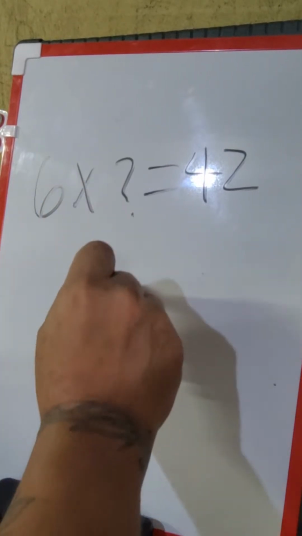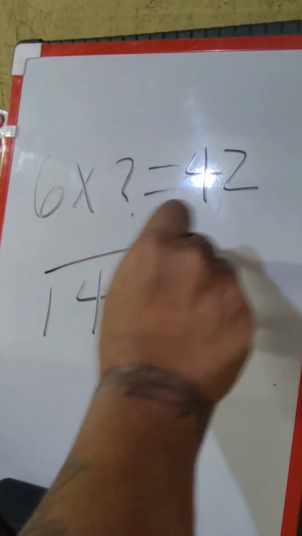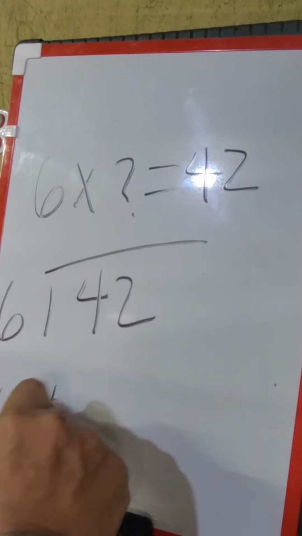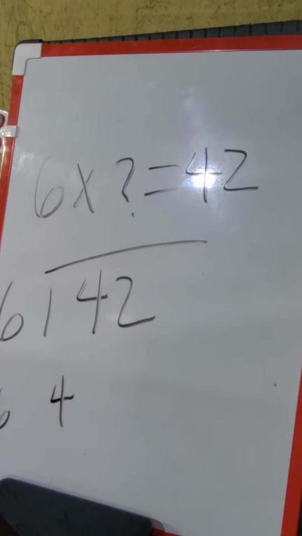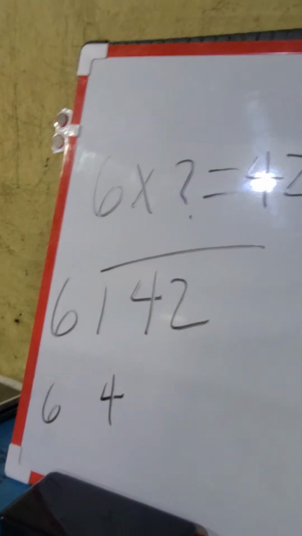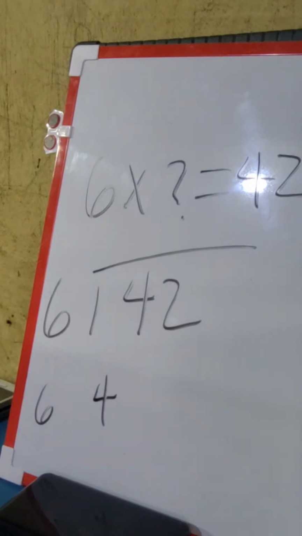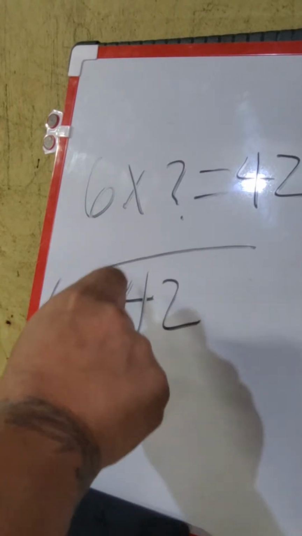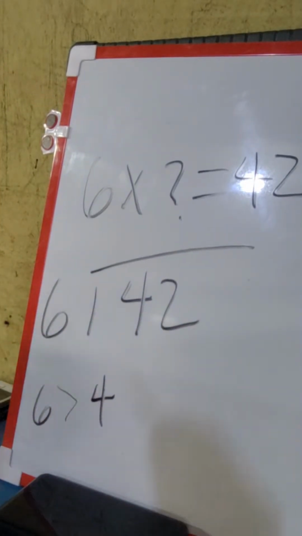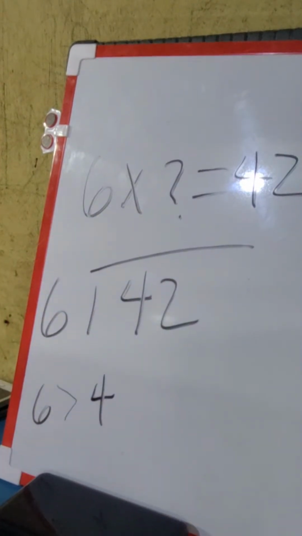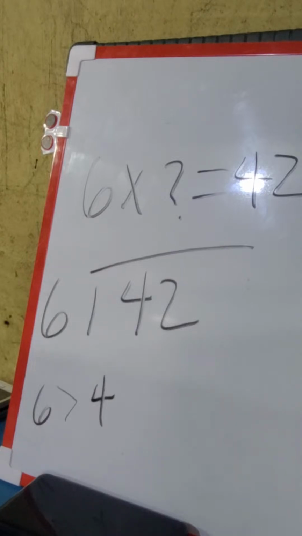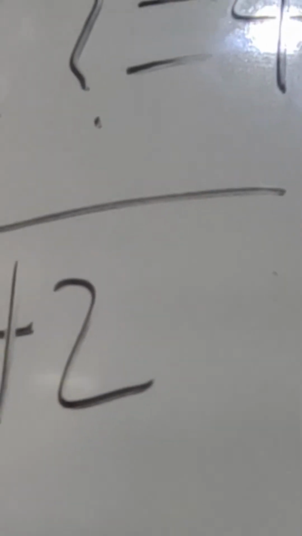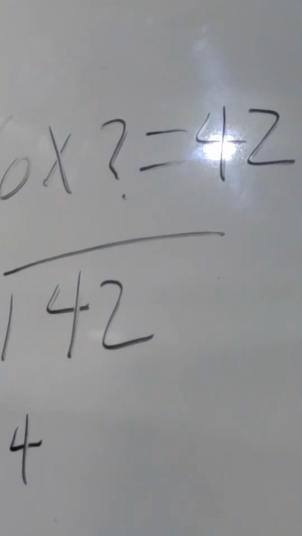42 divided by 6. Now, is 6 less than or greater than 4? Less than, correct. So we have to move over to the 42, so we have to do the whole number. All right, good job.